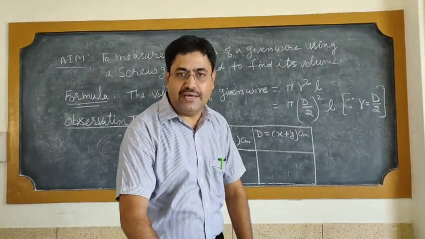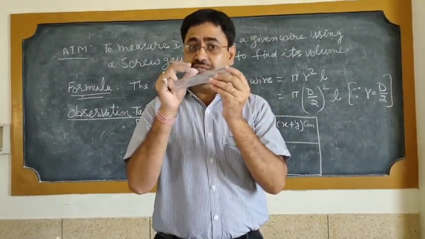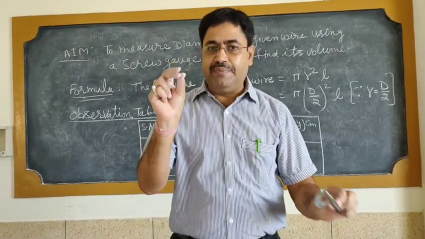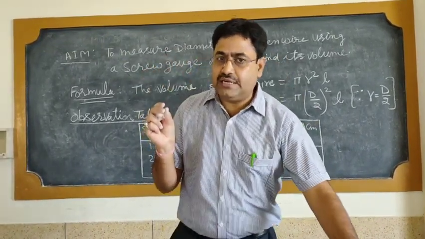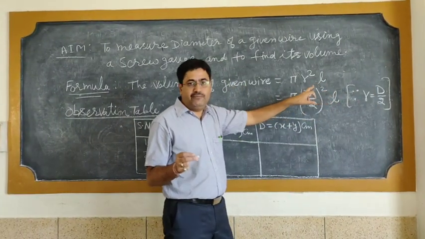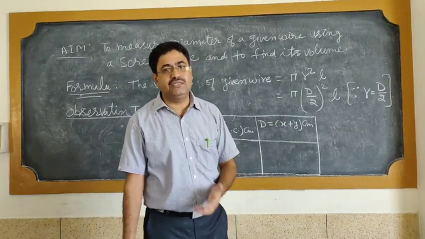Suppose I am using this wire. I can measure the length using this scale, and to find its diameter I use the screw gauge. Once we have both the diameter and the length, when we put these values in this formula we can easily calculate its volume.